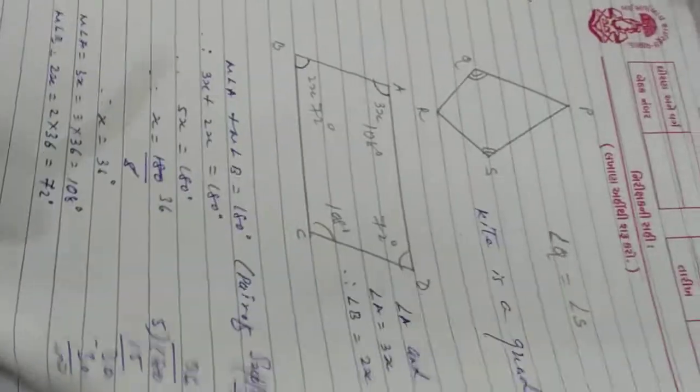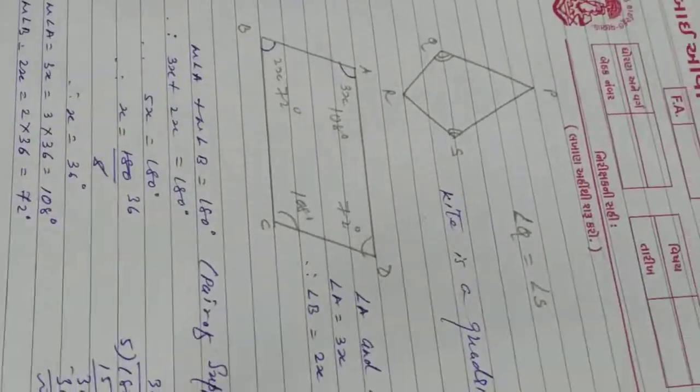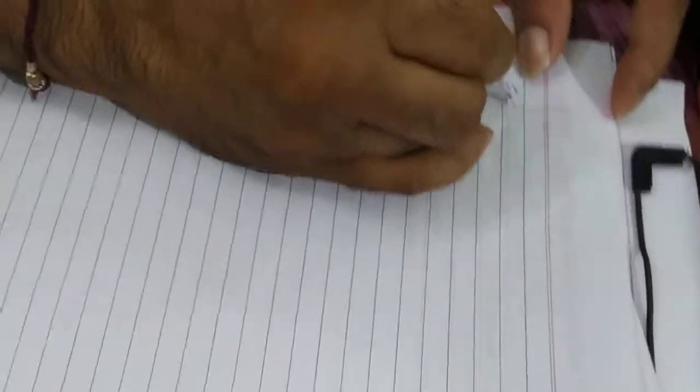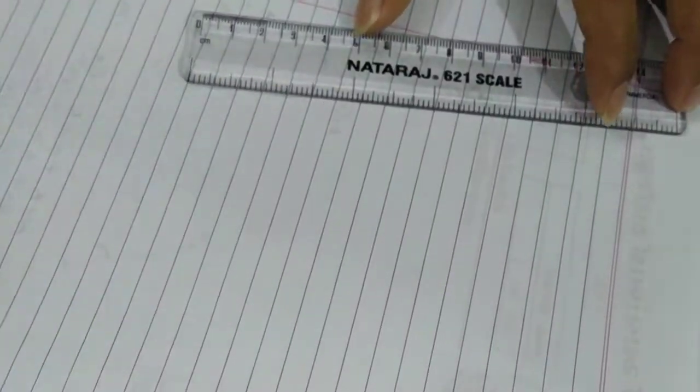Now let's go with the next example. Example number 6. Two adjacent angles of a parallelogram have equal measure. Find the measure of each of the angles.